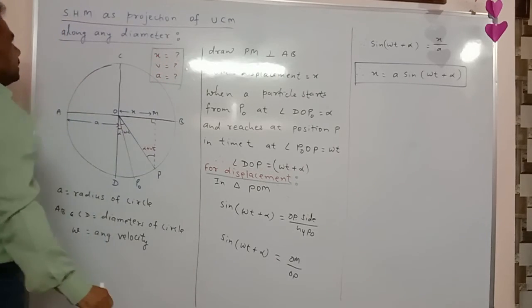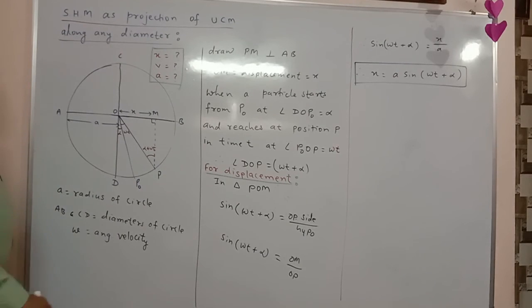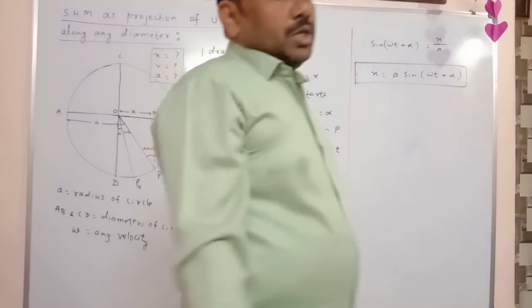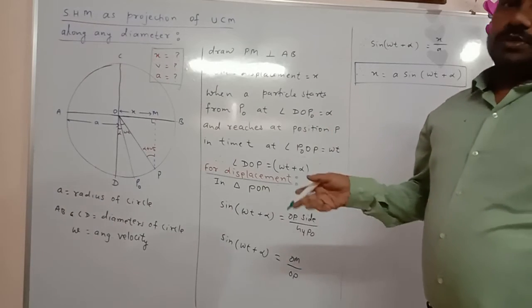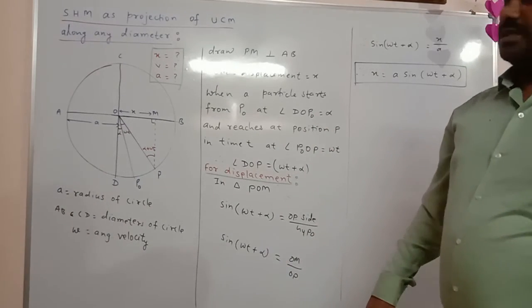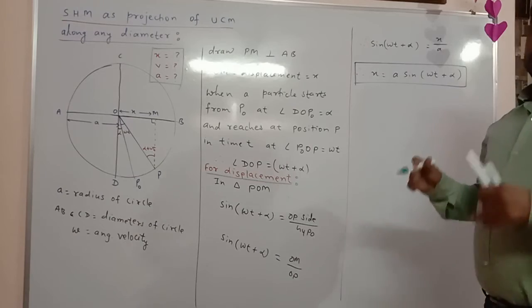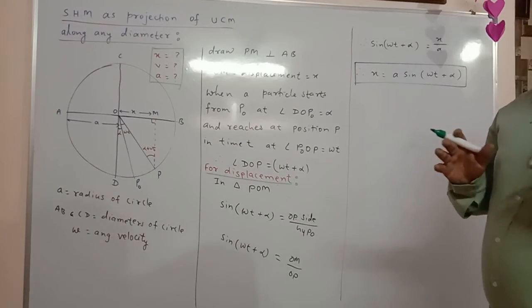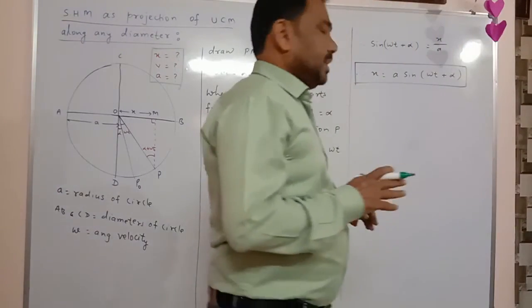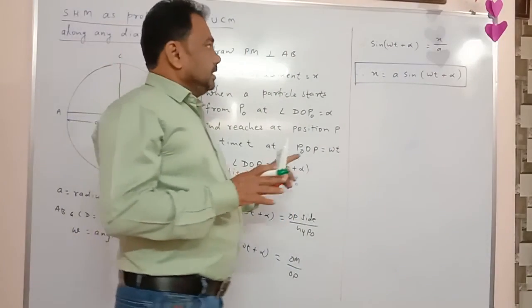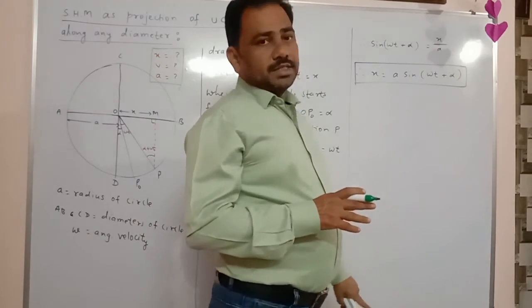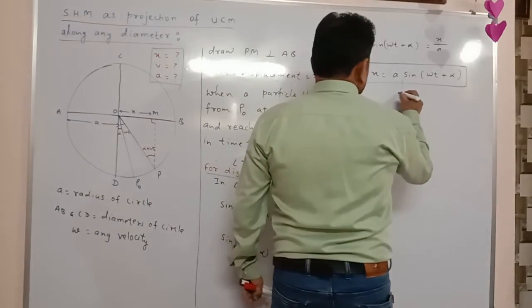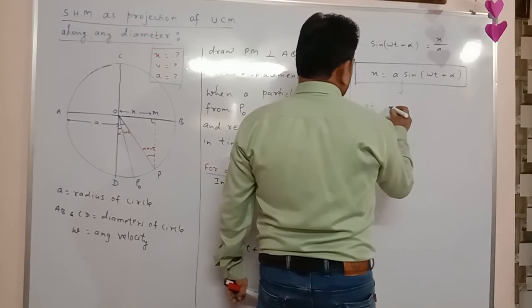The article is SHM as a projection of UCM along any diameter. So in simple harmonic motion, if a particle is performing uniform circular motion along the circumference of the circle, then the displacement of that particle at any instant is x equal to a sine of omega t plus alpha.